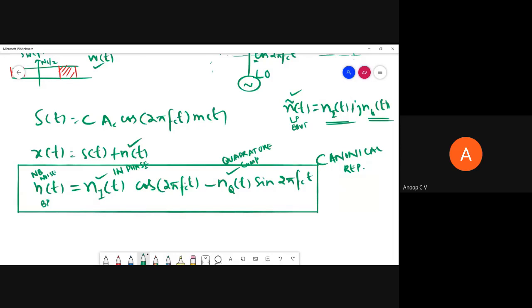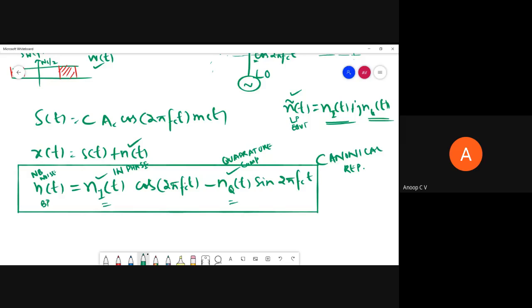And this n I of t and n q of t will have the same spectral characteristics as that of n of t, except that these are low pass equivalents.